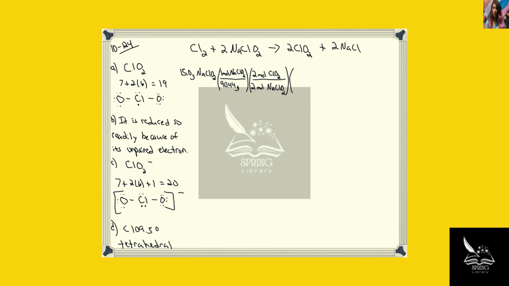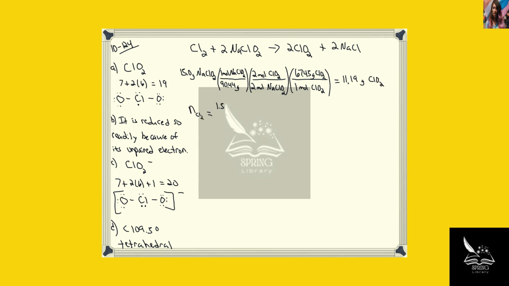Knowing the moles of chlorine dioxide, we simply need to multiply that by the molar mass of chlorine dioxide to calculate the mass of chlorine dioxide that could be produced from 15 grams of sodium chlorite. And we get 11.19 grams.